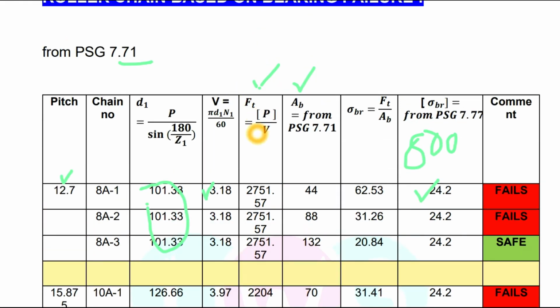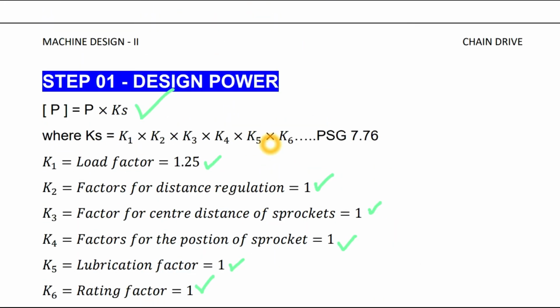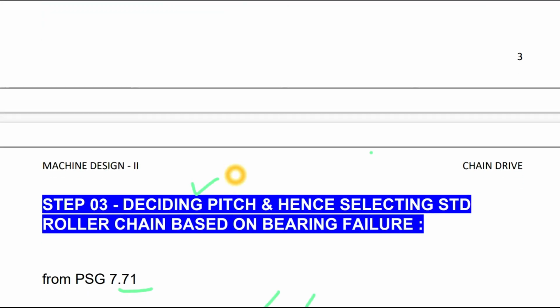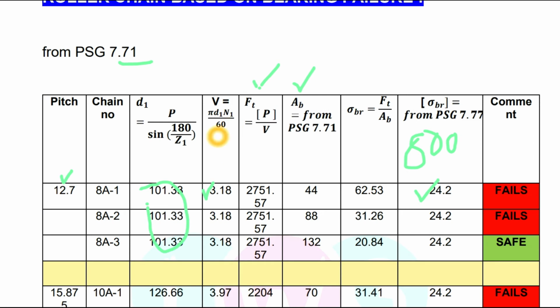Next is FT. The formula for FT is design power upon V. The design power we got here is 8750, and V is from the previous column, 3.18. Put it here, solve it, and we get the value of FT, which will be 2751.57.